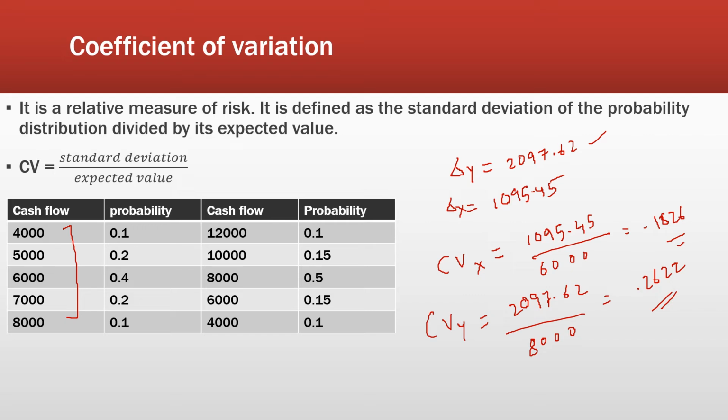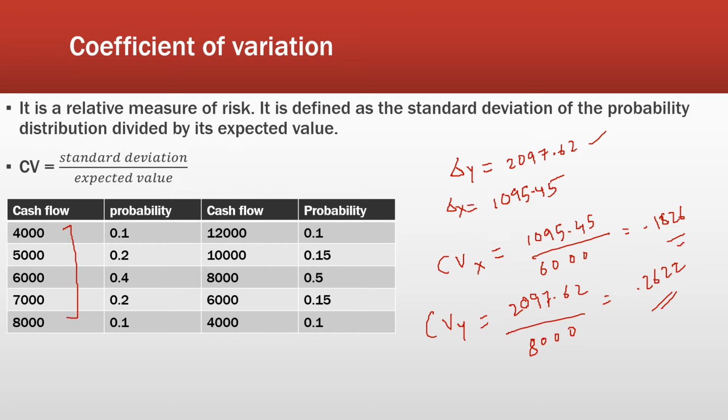Now, whether the investor will accept or reject the project depends on the mindset of the investor, on the investor's attitude towards risk. If the investor loves to take risk, he would prefer project Y, because there is a higher expected monetary value.